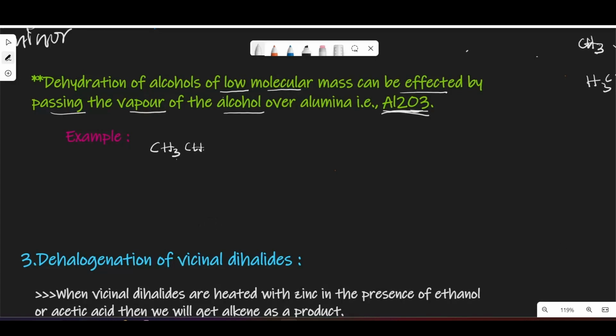Let's take ethanol. If in questions they didn't mention concentrated H2SO4 but they mention Al2O3, then there is a possibility of dehydration. With Al2O3 at high temperature, like 350 to 400 degrees Celsius, we will get CH2 double bond CH2.